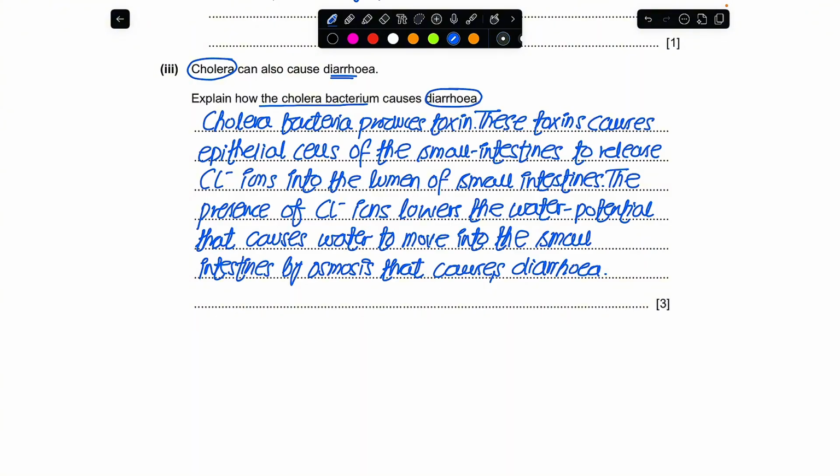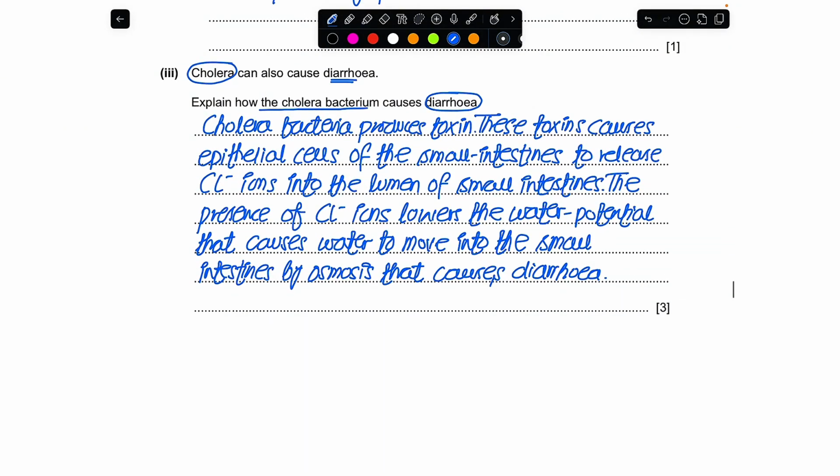Now you have to understand that we have the villi, the villus, and in the villus we have its epithelial cells, and these epithelial cells have microvilli in them. When the cholera bacteria come, they release a toxin, and that toxin causes these epithelial cells to excrete chloride ions into the intestinal lumen.